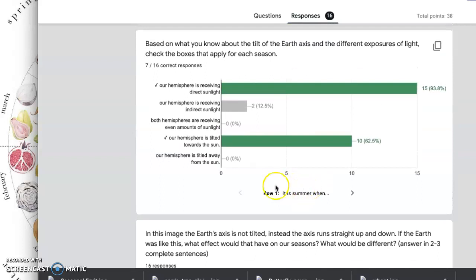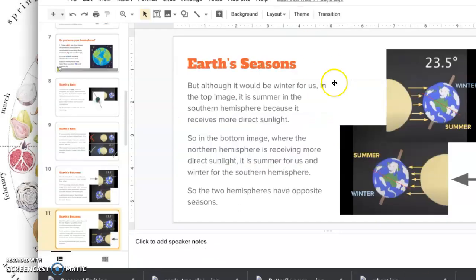Okay, so when it is summer, our hemisphere is receiving direct sunlight, and our hemisphere is also tilted towards the sun. Look back to the PowerPoints that we did in the previous weeks.